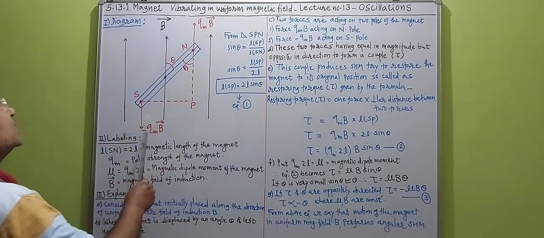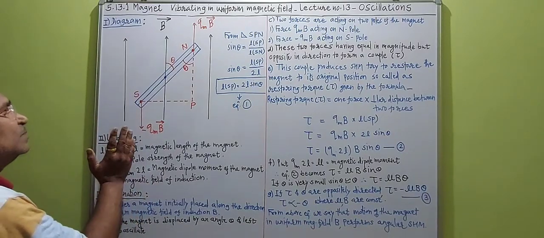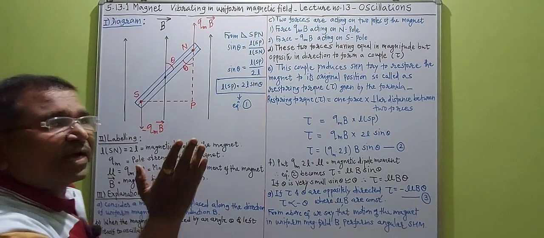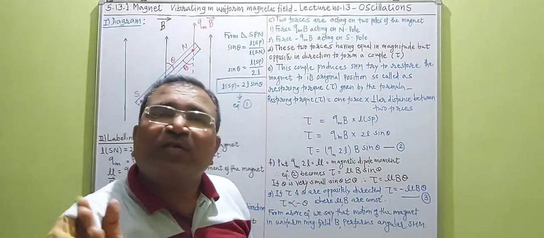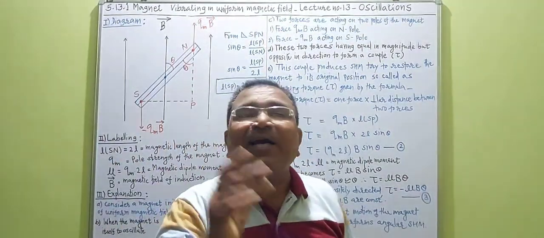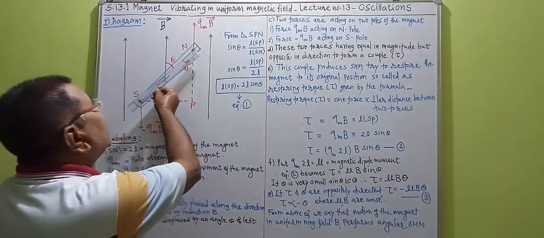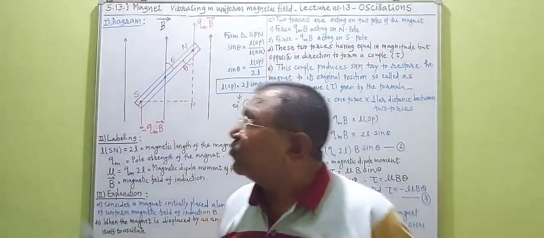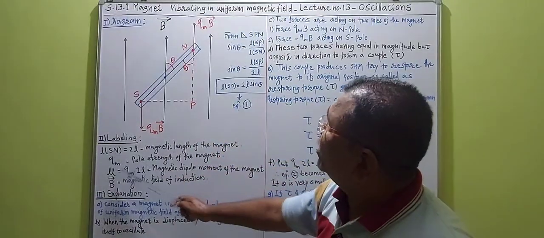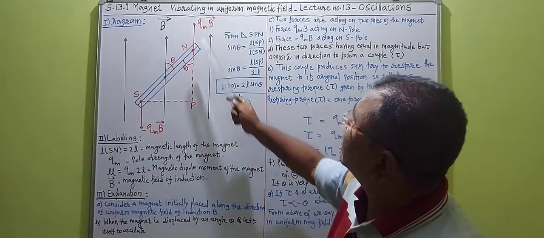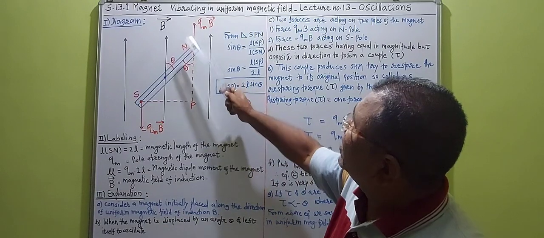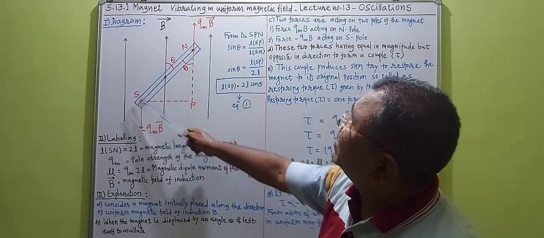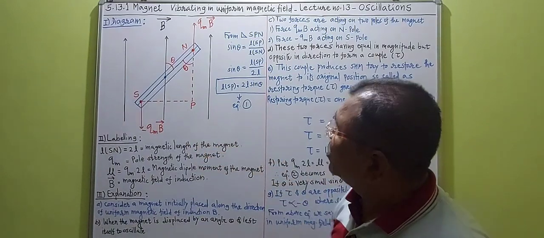These two forces form a couple, and that couple acts as a restoring torque. It tries to restore the magnet to its original condition. So what is Qm? Qm is the pole strength of the magnet: plus Qm is the pole strength of the N pole and minus Qm is the pole strength of the S pole.